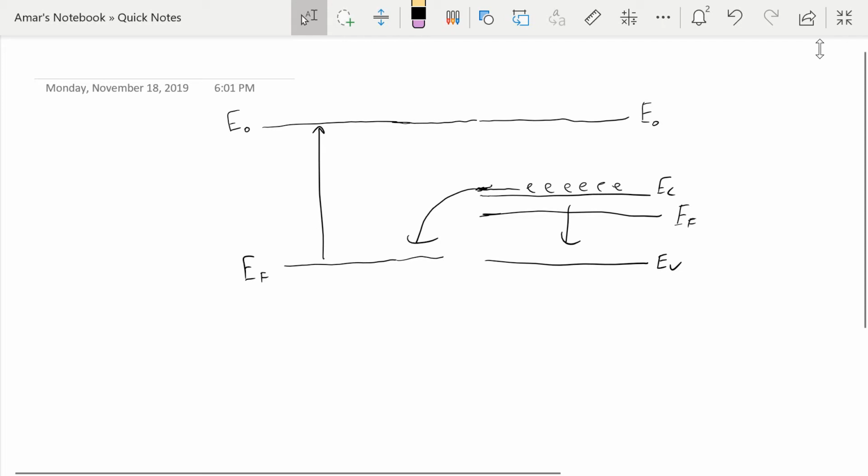Does the Fermi level of the metal go up as well? Well, Fermi levels are always discussed in relation to one another. When we do our Fermi level calculations, it's always EF minus EC, EF minus EI, EI minus EV. We're always doing these calculations relative to other energies.